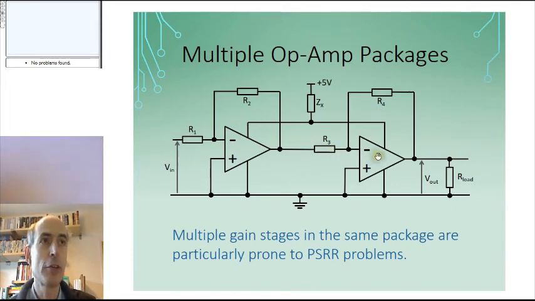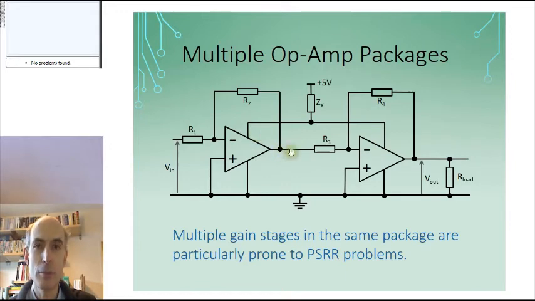This is configured as an inverting op-amp. So if the output here, Vout, gets bigger, there will be more of a current flowing through here, which will lower the voltage here, which will lower the voltage on this op-amp.